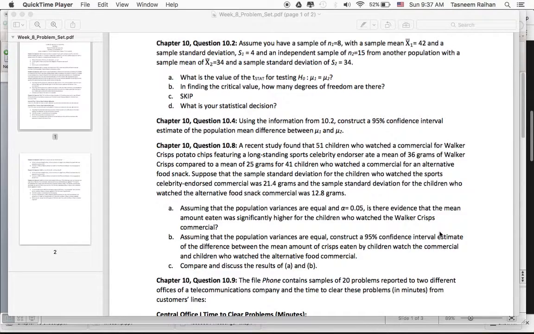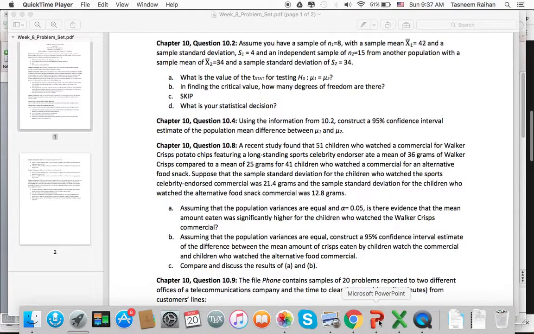Now, given all this information, assuming that the population variances are equal and the significance level alpha equals 0.05 or 5%, is there evidence that the mean amount eaten was significantly higher for the children who watched the Walker Crisps commercial? So to answer this question, we first have to write out the null hypothesis and the alternative hypothesis.